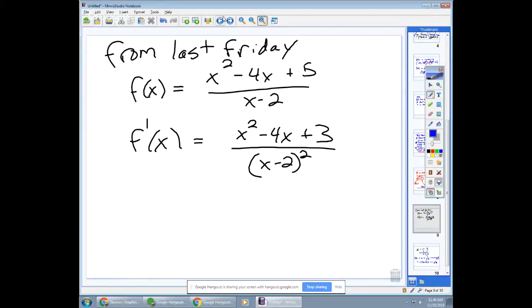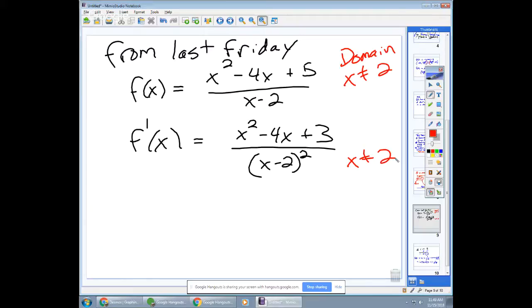All right, so things to consider here. In the original function, as far as the domain goes, just to review some things we talked about last time, x cannot be 2. In the derivative, x still cannot be 2. So when I'm thinking about critical numbers, although the derivative is undefined at 2, so is the original function, which means 2 cannot be a critical number.